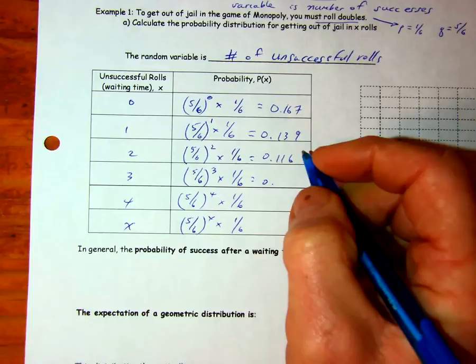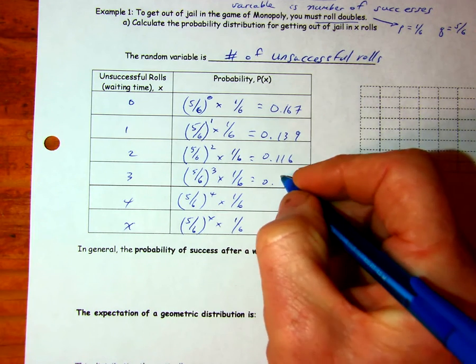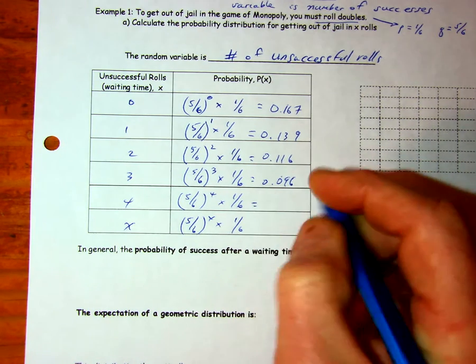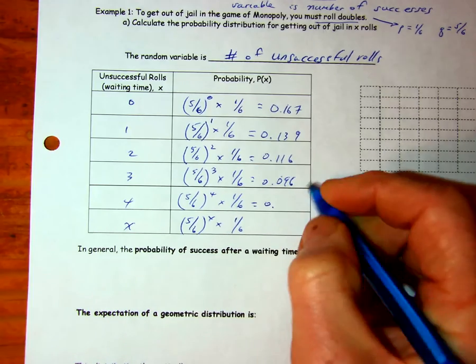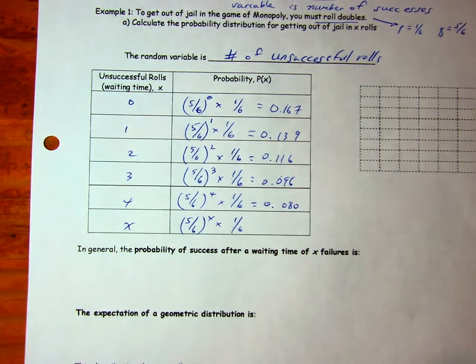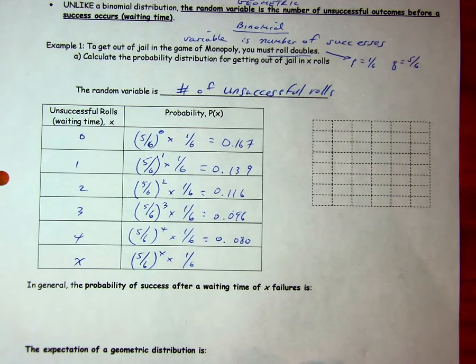I can't even read my own handwriting. What does this say? Sir, what does that one say? 0.096? Yeah.